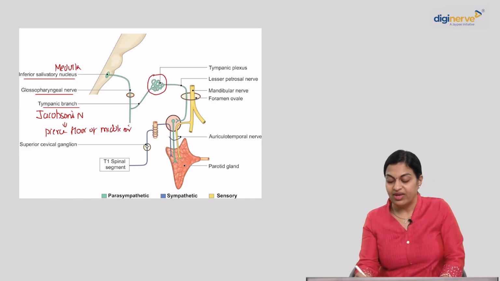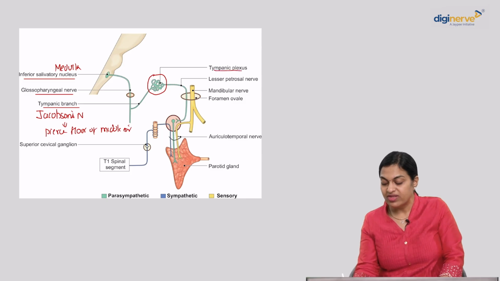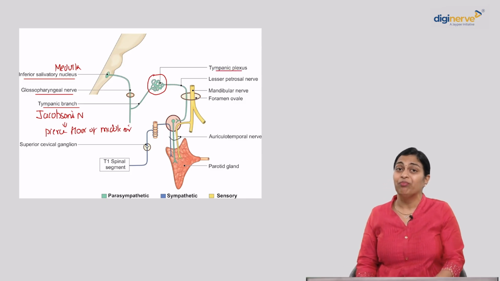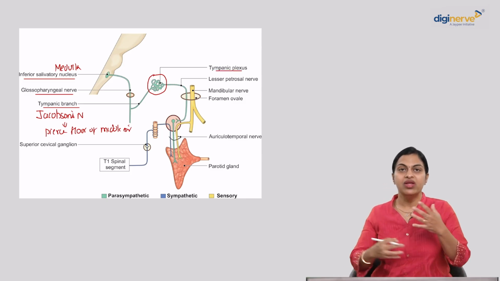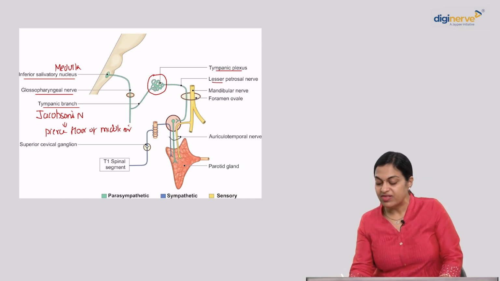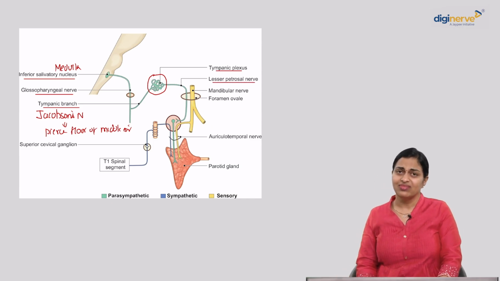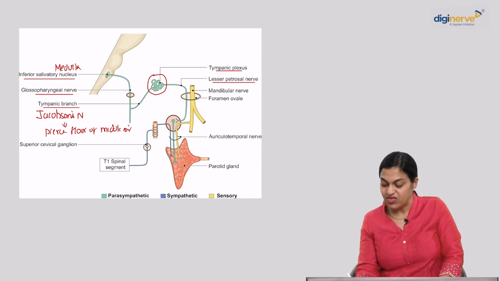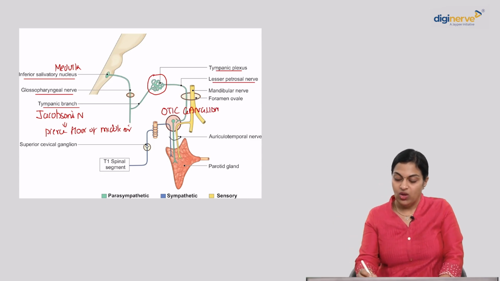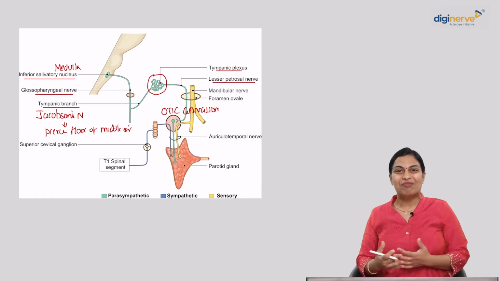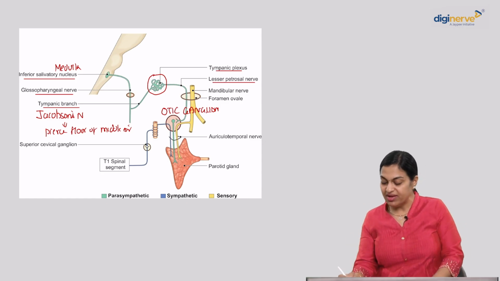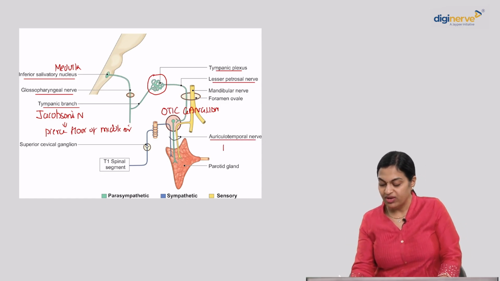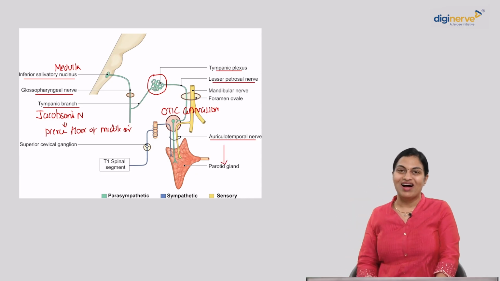It will form a plexus there, which is called the tympanic plexus. From the tympanic plexus, we get the lesser petrosal nerve. And this lesser petrosal nerve will synapse in the otic ganglion that is present in the infratemporal fossa. Okay. Now, the postganglionic parasympathetic fibers travel through the auriculotemporal nerve to reach the parotid gland.